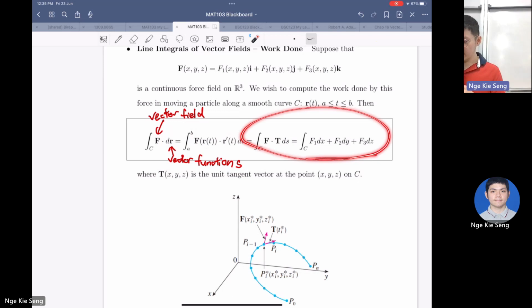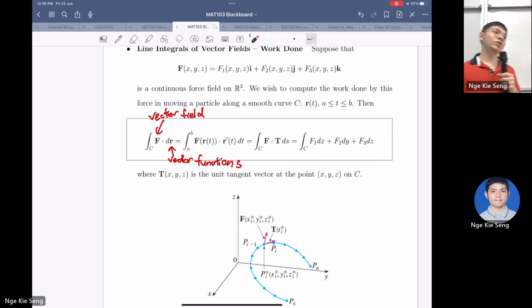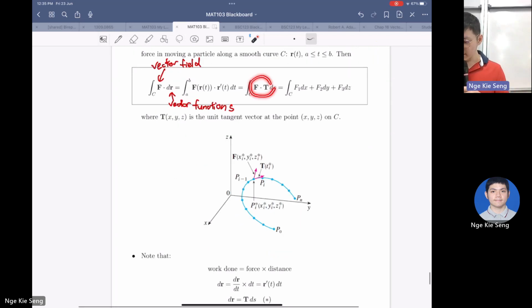But at the end, this is the key part. After we do this, this integral splits into dimension-wise parts. So let's see why. What's this inner product here?